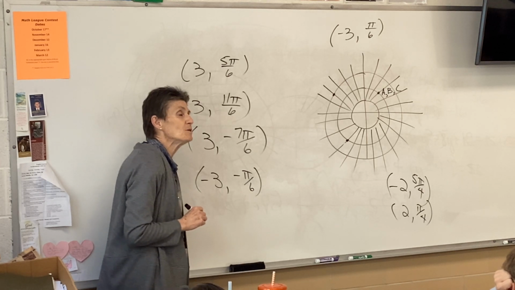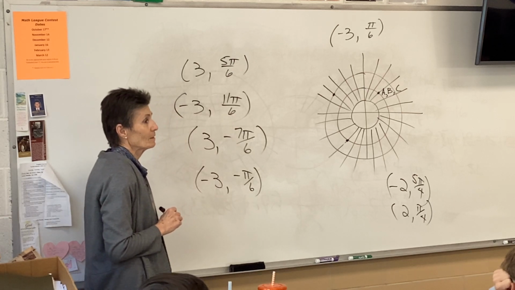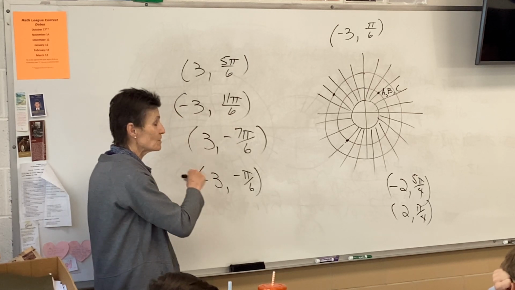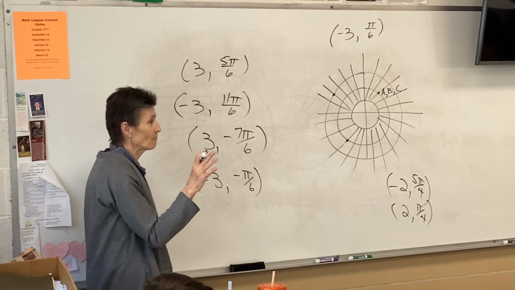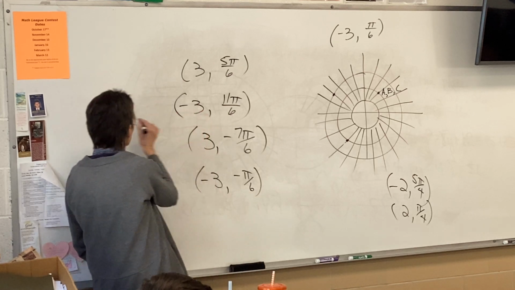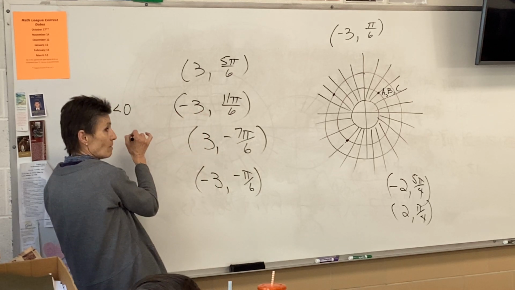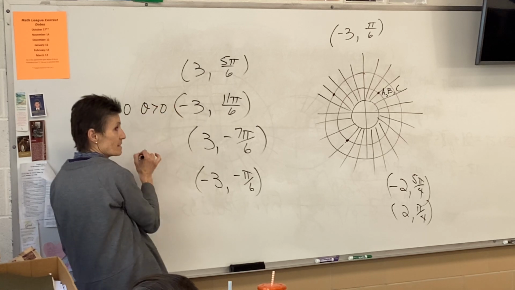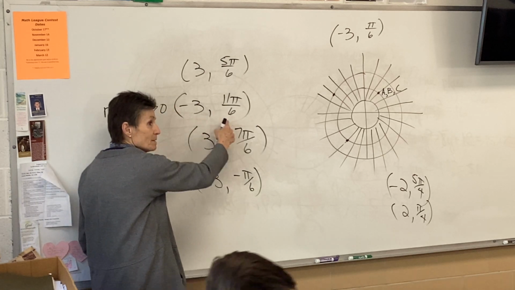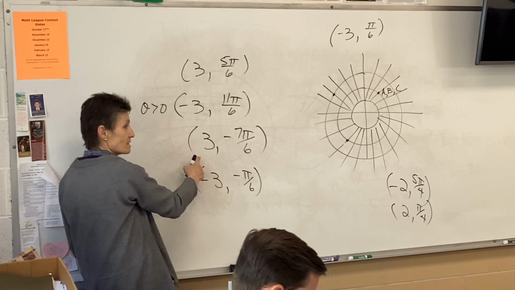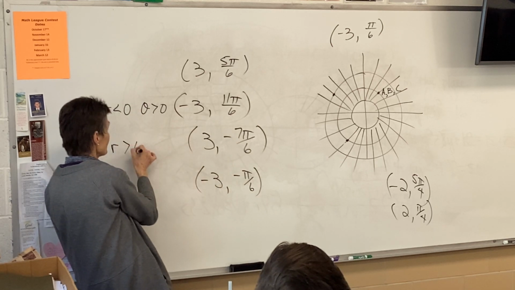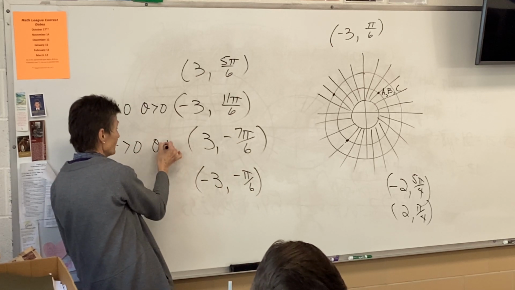Now, when you do your homework, you will see problems where I'm having you do this, but I will specify, and I will say things like r less than 0, theta bigger than 0. So that would be here, right? That would be this point. What's this one? R greater than 0, theta less than 0.